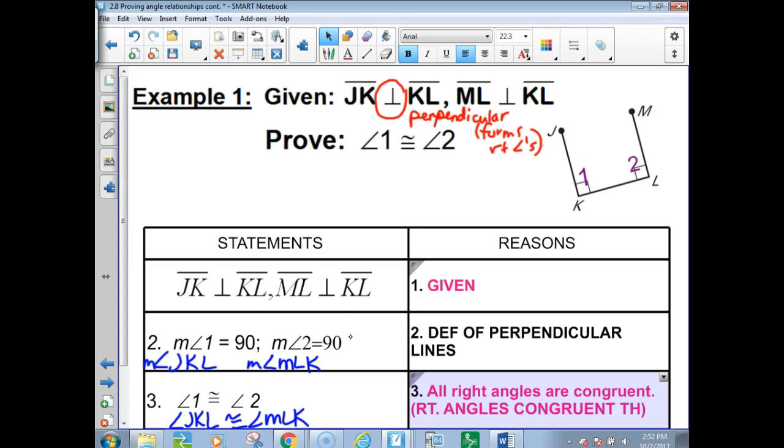Since both of these were 90, we can use the fact that we just proved that all right angles are congruent, which is the right angles congruent theorem. You can just write what it says. All right angles are congruent. That would be absolutely fine with me. And usually I allow my students to do an abbreviation of that, which would be all right angles congruent. And that would be fine.